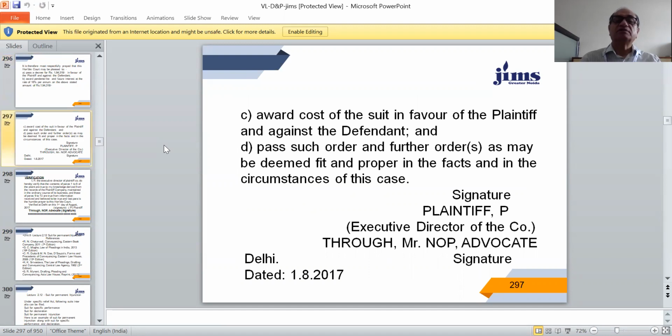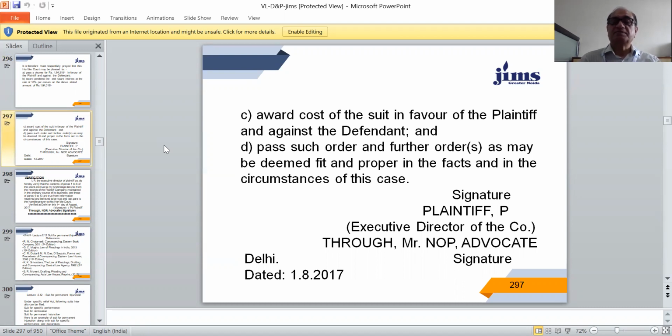See, the relief you want is that the court should award the cost of the suit in favor of the plaintiff as against the defendant and pass such order or further orders as may be deemed fit and proper in the facts and circumstances of the case. Now, as usual, every plaint is to be signed by the plaintiff, and since this suit is to be filed through an advocate, you will write down the name of the advocate also, through Mr. NOP, Advocate.